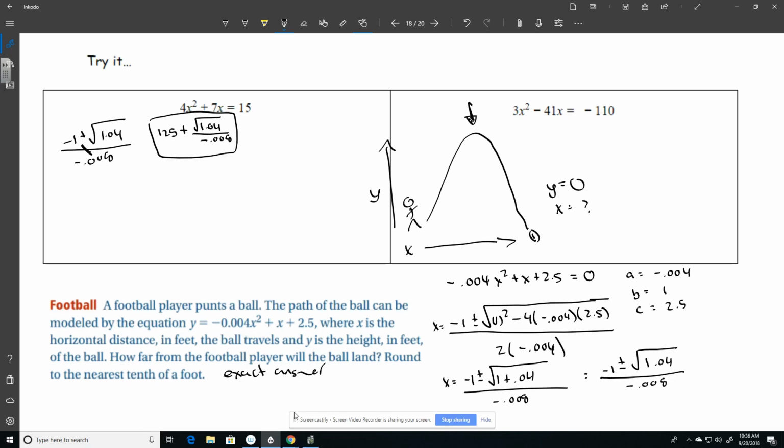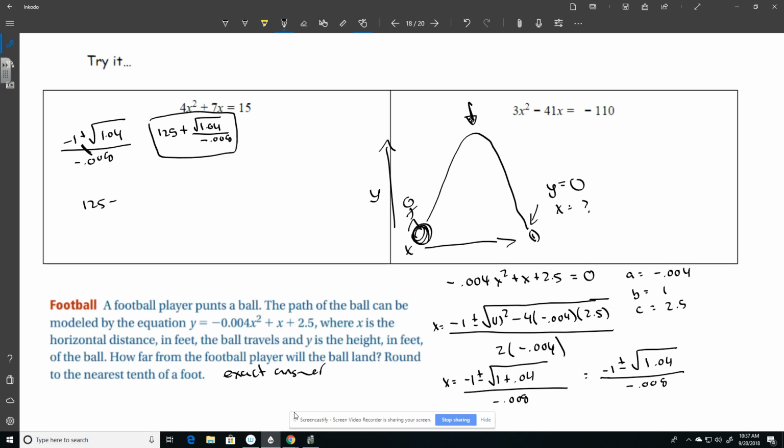125 plus the square root of 104 divided by negative 0.008. I'm not going to use my negative answer. I'm not going to use my 125 minus, because we want to know when the ball lands right here, we're not interested in when the ball is right here.